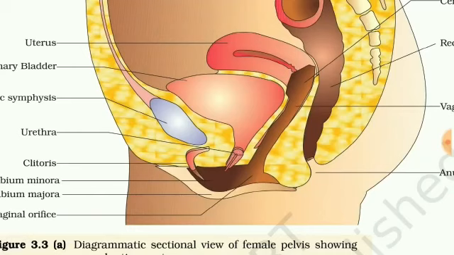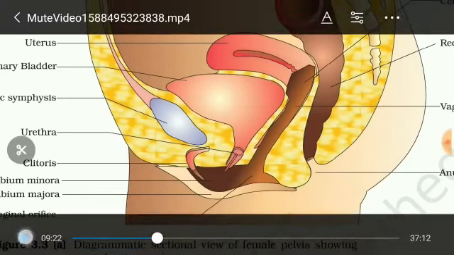The anus and large intestine are in the brown color on the right side. This is the basic structure of the human female reproductive system.